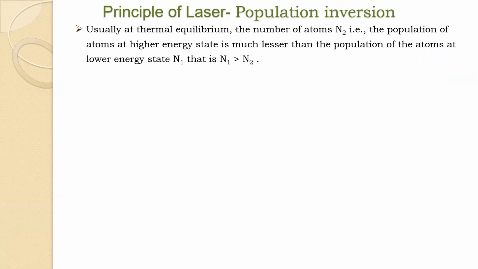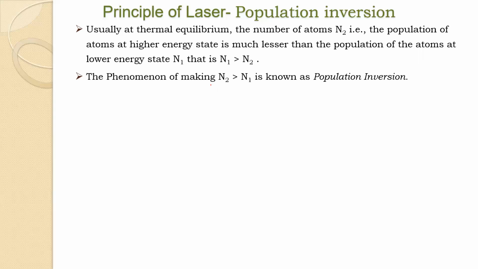Usually at thermal equilibrium, the number of atoms N2 in the upper level, the population at the higher energy state, is much lesser than the population in the lower energy level, that is N1 is greater than N2.